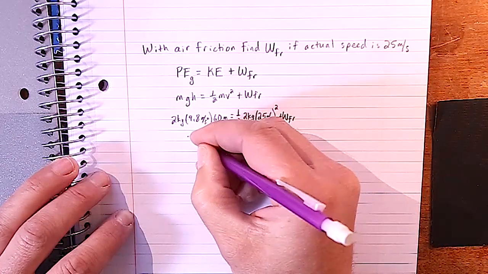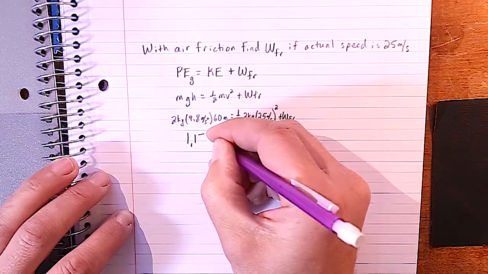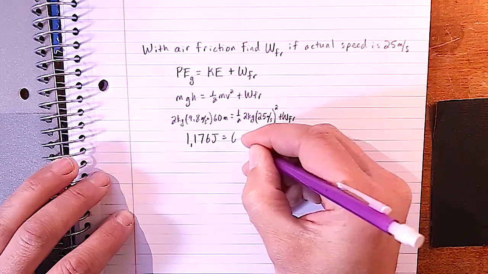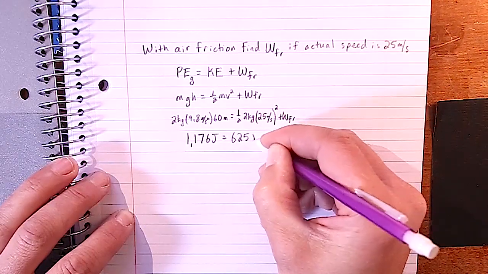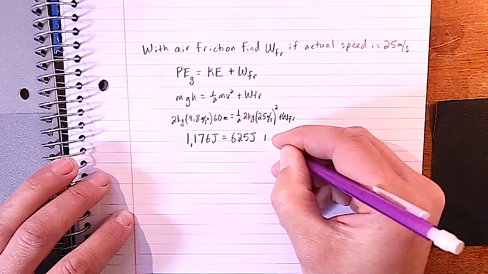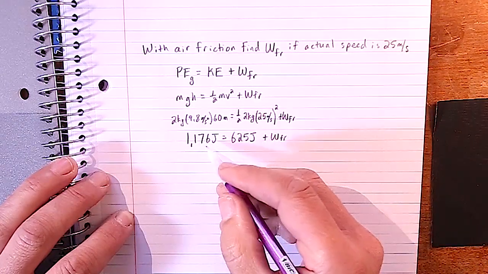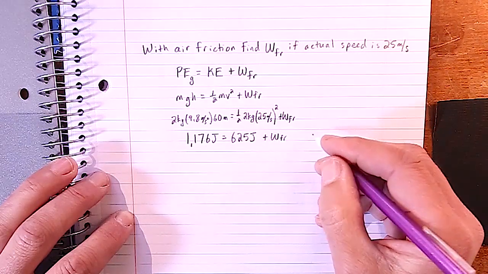Now, if you do this, on this side you get 1,176 joules, and this comes out to 625 joules. So what's the work done by friction? Well, we just subtract. And when you subtract, you get 551.